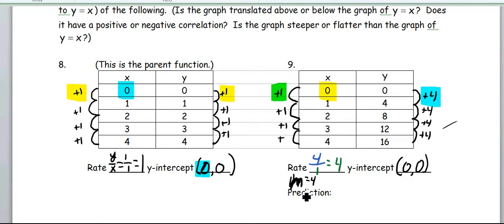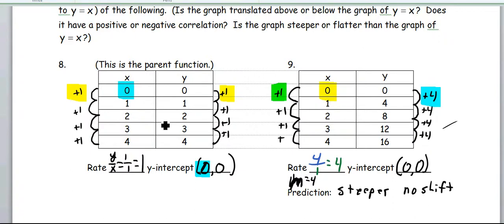Remember, m, or my slope, tells me if it's steeper or shallower. 4 is greater than 1, so it is steeper. And it goes through at 0, 0, so there is no shift.